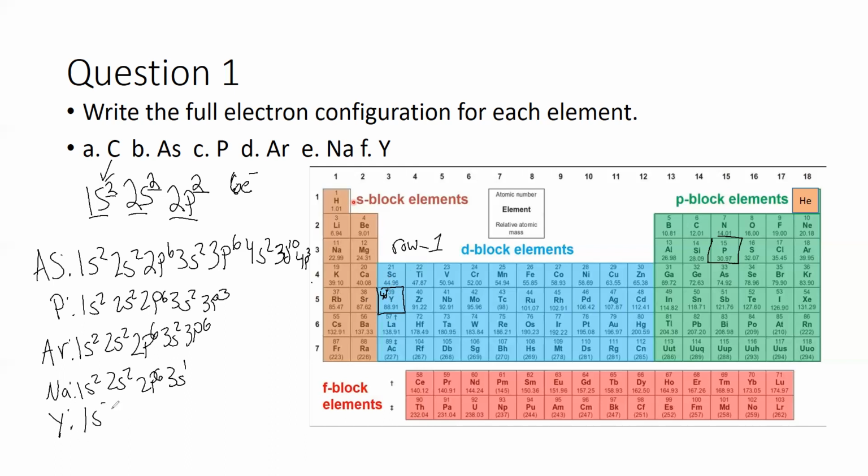So 1s2, 2s2, 2p6, 3s2, 3p6, 4s2, 3d10, 4p6, 5s2, 4d1. Don't worry, we're going to learn how to shorthand these because writing all these out is a pain. But these are electron configurations, and that is how you use the periodic table to figure those out.